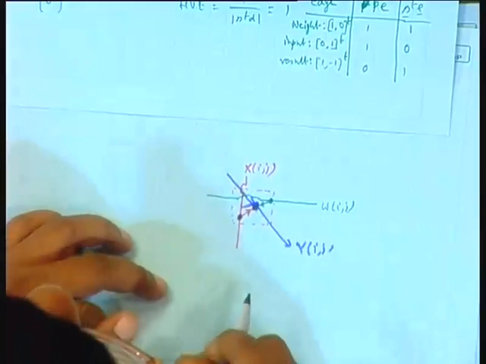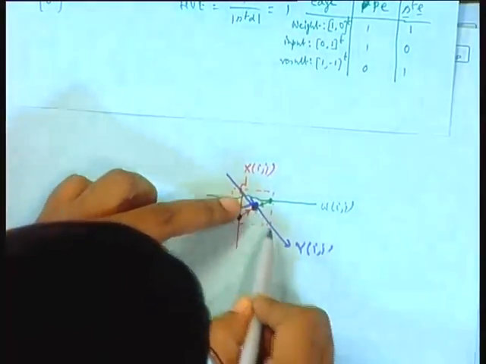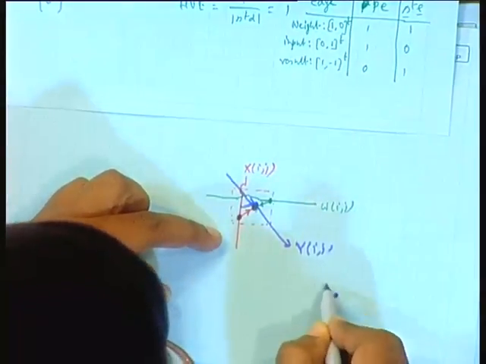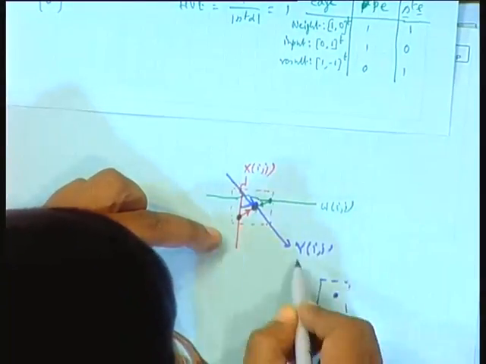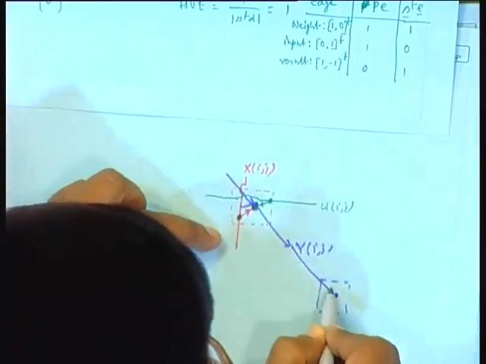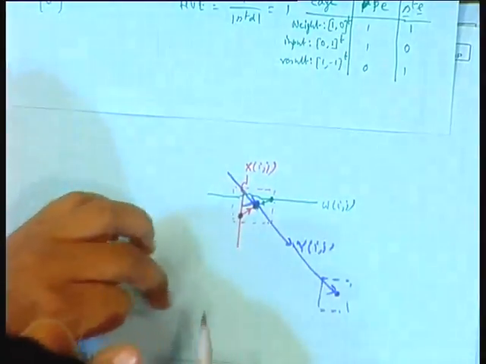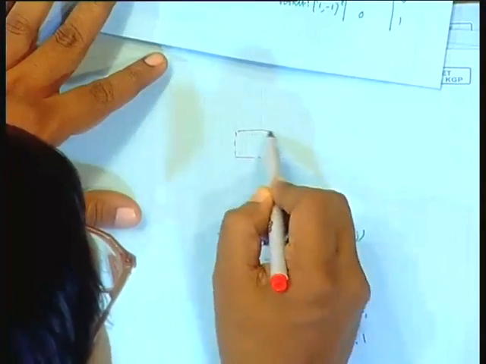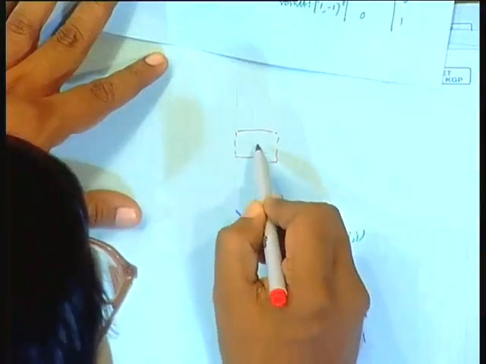In the choice of gamma, this again will hit upon another box here, one particular edge. Similarly, this will hit upon another edge, another node here.